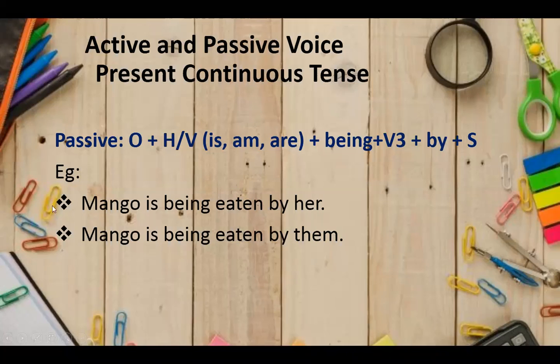Okay, so any confusion or any question related to the structure of active and passive voice of present continuous tense? Okay, so I'm going to ask a question. Now you have to use your mic to answer me. Alina Salman is asking me something.